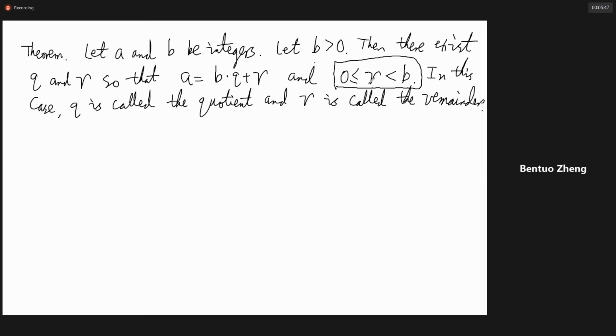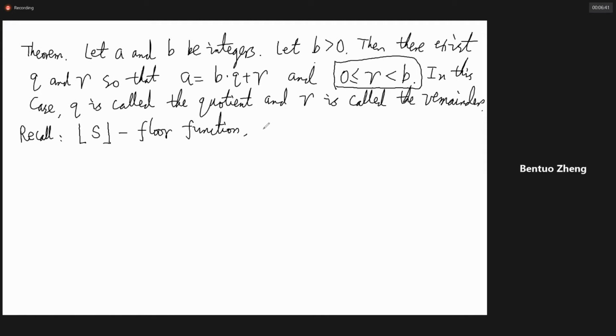Before we prove the theorem, let's recall the notation, the floor function, say A over B. Well, let me not write A over B, just write an arbitrary number, say s.